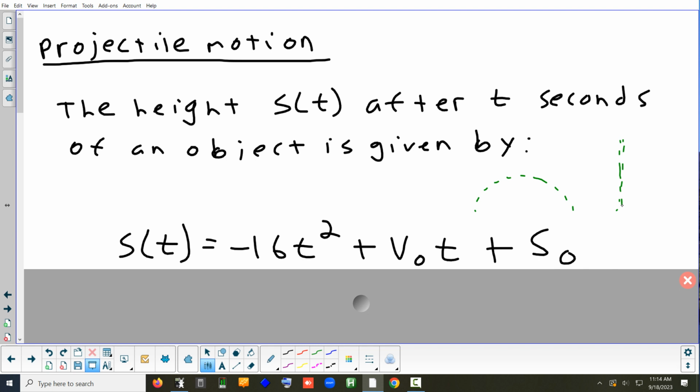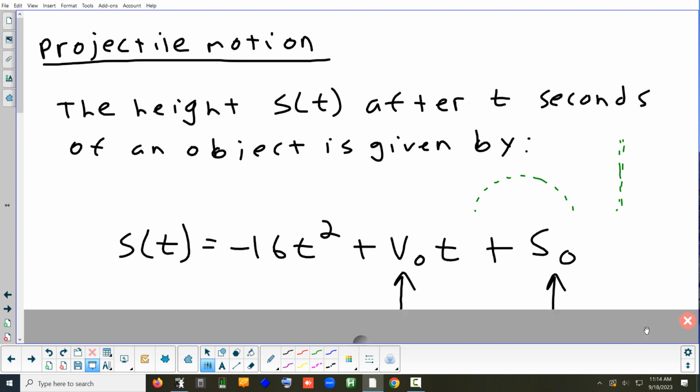So S is the letter that our book uses, and we're going to go through what those letters mean. But this represents the height. So S of T is the height. And if you launch something in projectile motion, you can find the height based on 3 things.